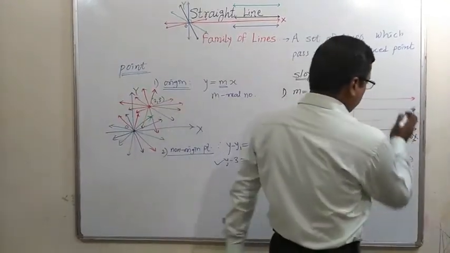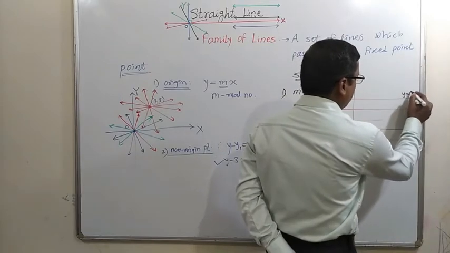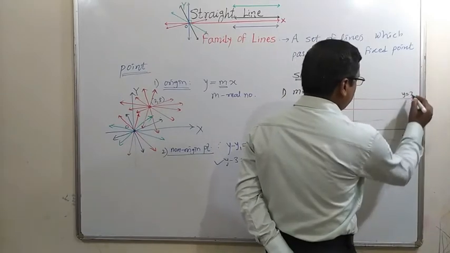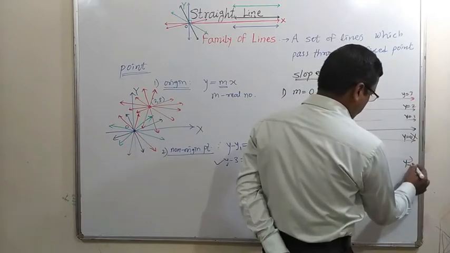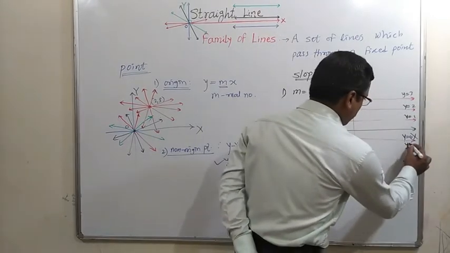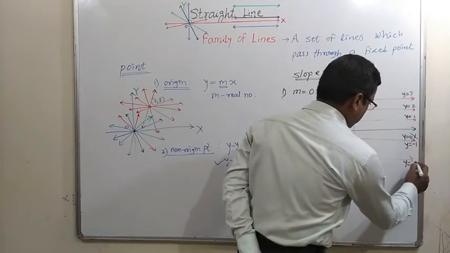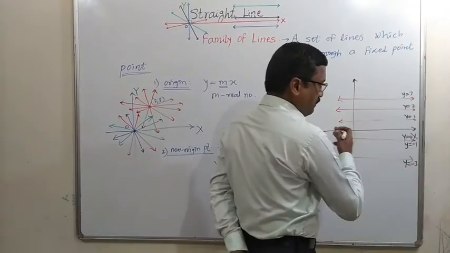We know the equation of a line parallel to the x-axis will be y equal to, suppose, 3, y equal to 2, y equal to 1, y equal to minus 1, y equal to minus 2, and so on. These are the equations of lines parallel to the x-axis.